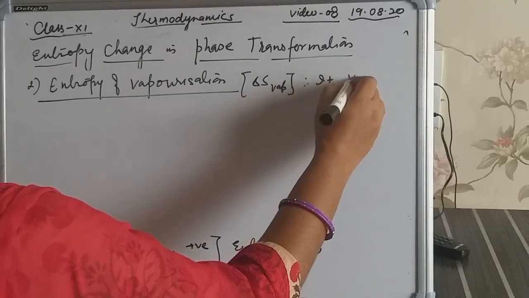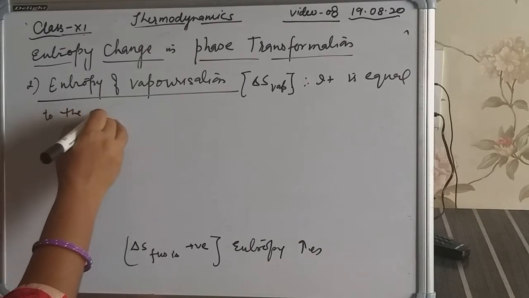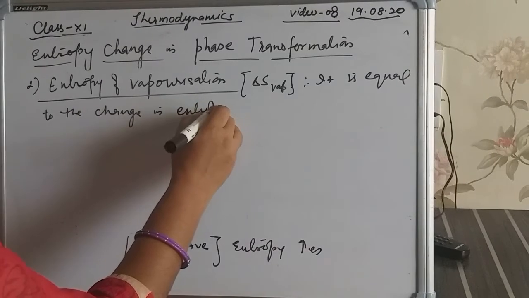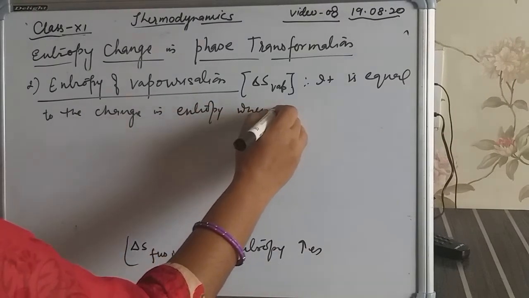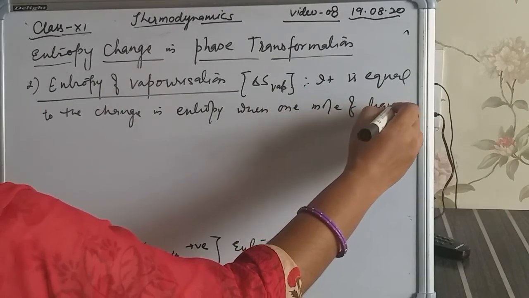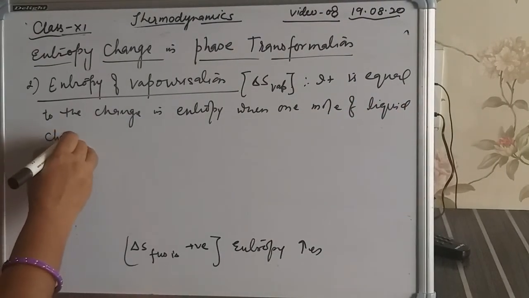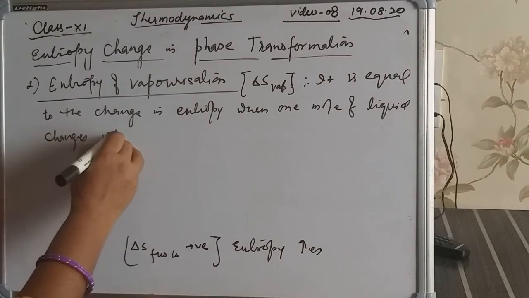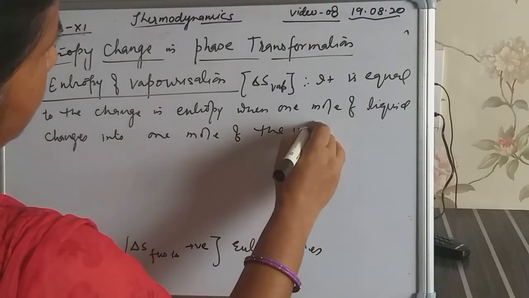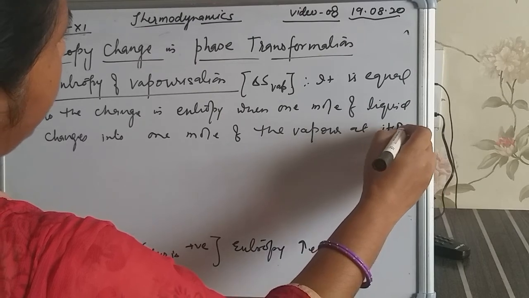It is equal to the change in entropy when 1 mole of liquid changes into 1 mole of the vapor at its boiling point.